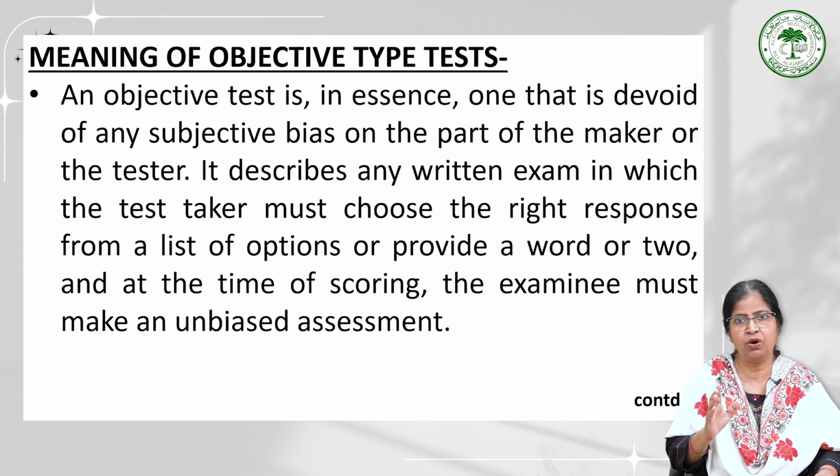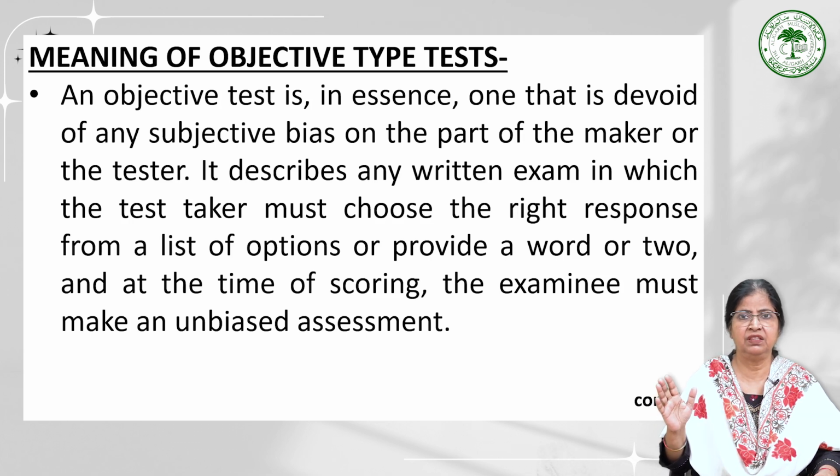Therefore, all the examiners say that this answer is correct. Therefore, reliability is more and there is more objective kind of assessment. This is the main advantage of objective type test items over the subjective type.